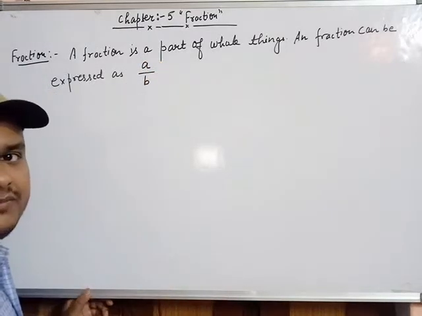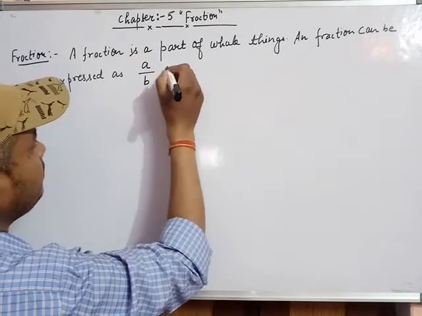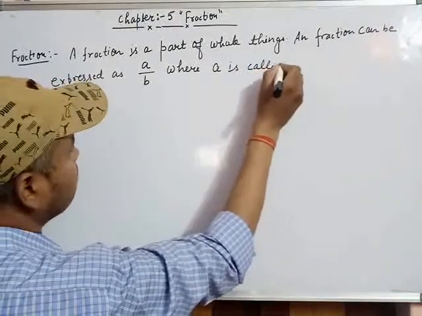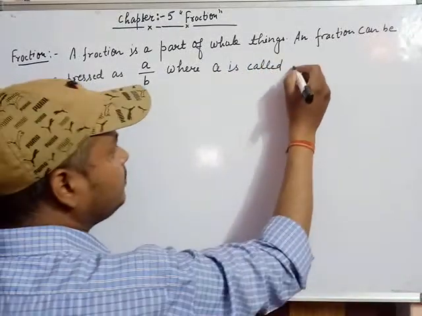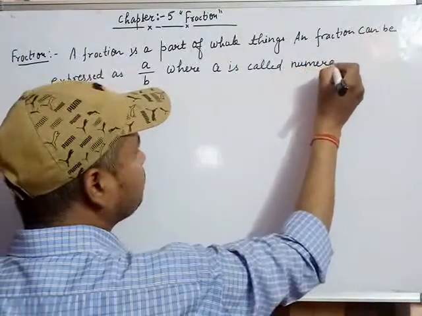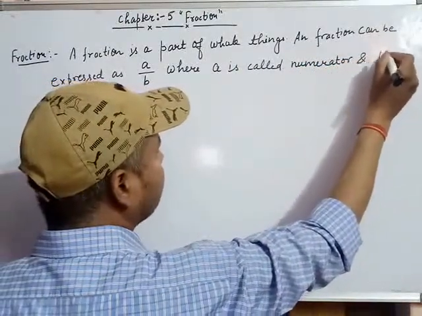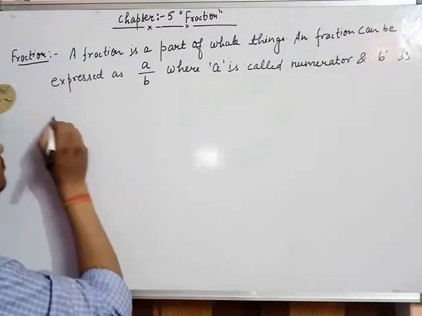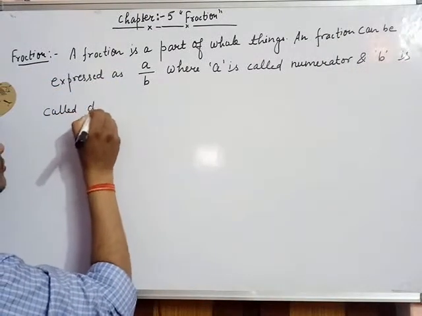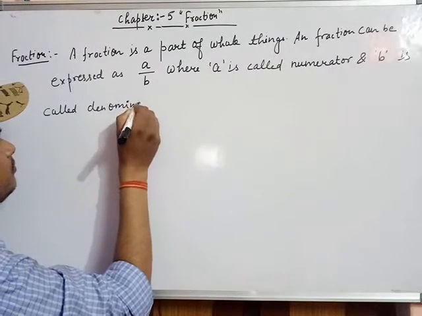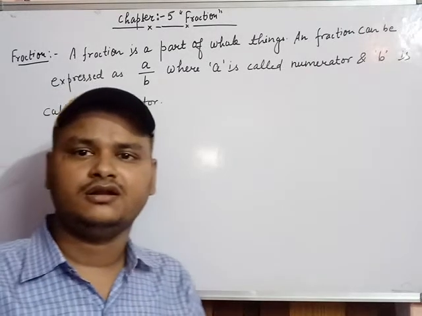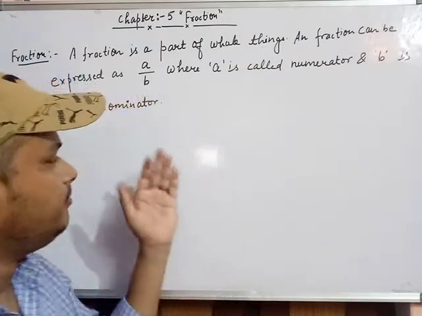Students, a upon b, where a is called numerator and b is called denominator. Okay, so this is the expression. How can we express any fraction in a upon b form?